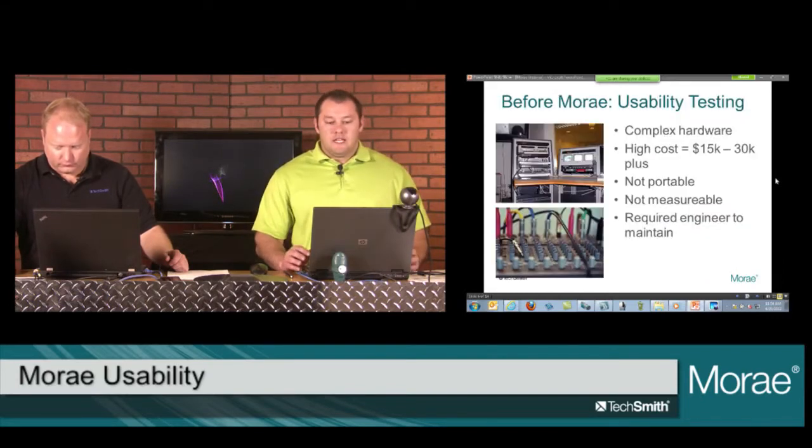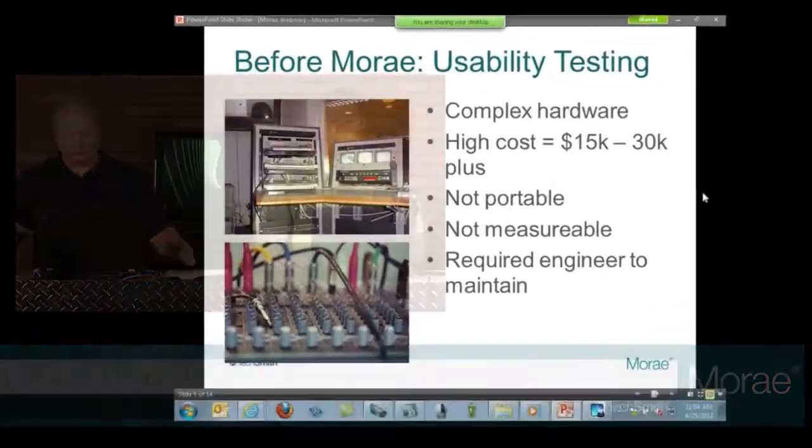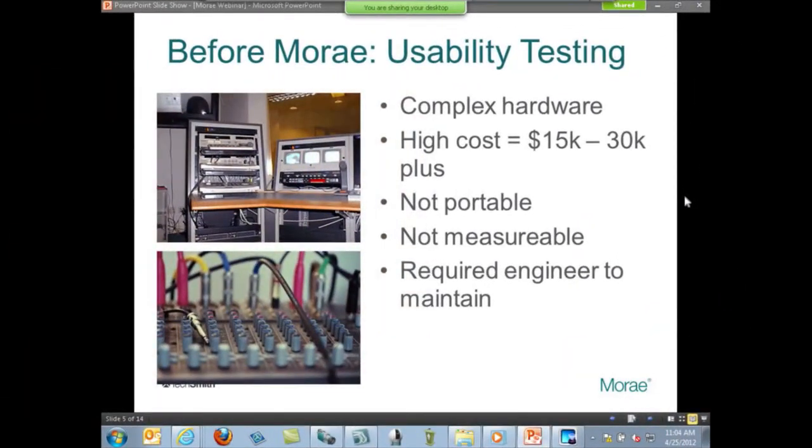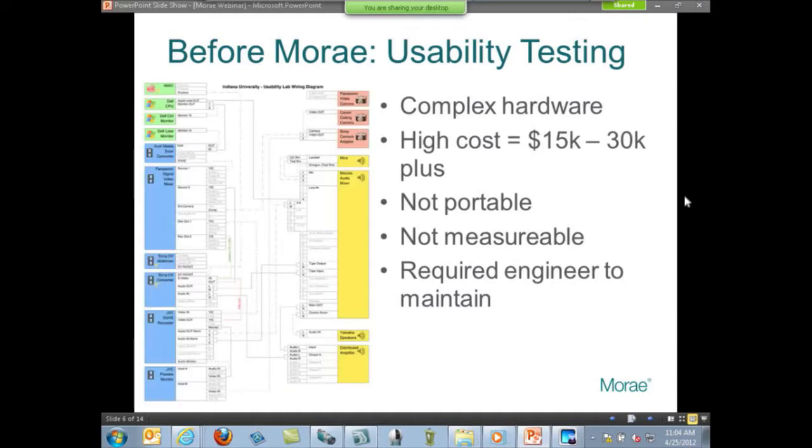So to give you an idea of how usability was conducted before morae, there was a lot of hardware set up, and this is an example of what the University of Indiana did beforehand. We showed you a picture of some of the hardware.